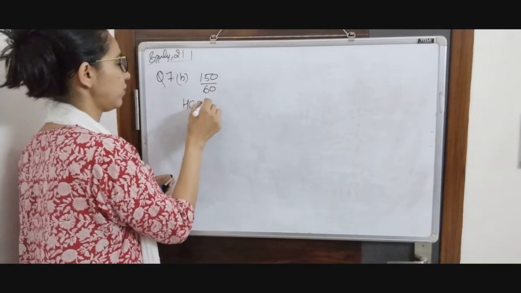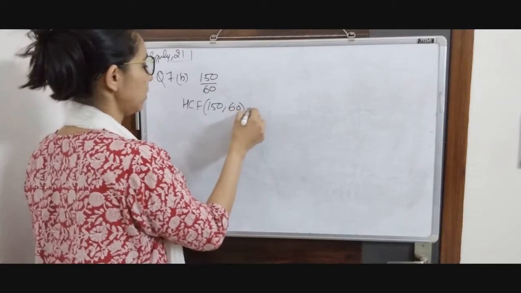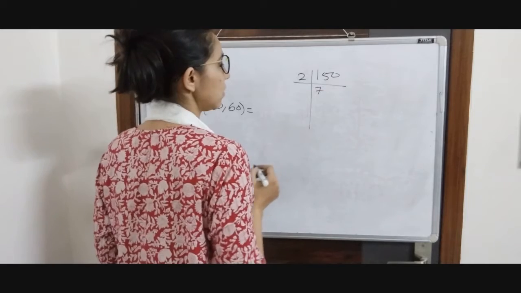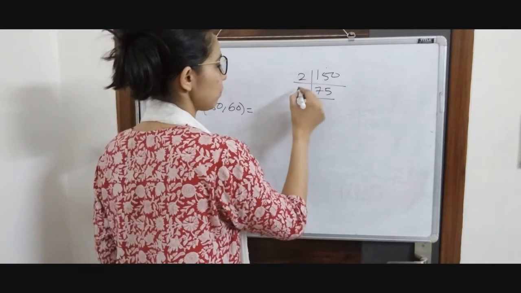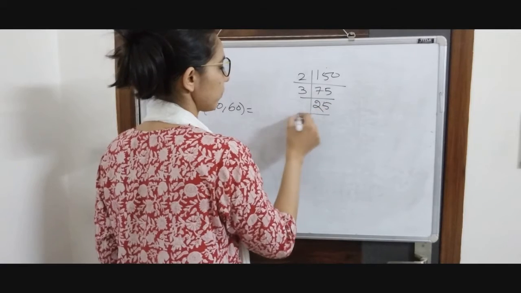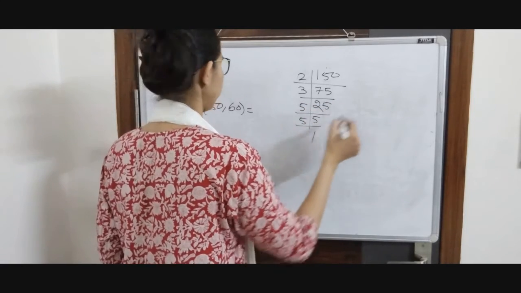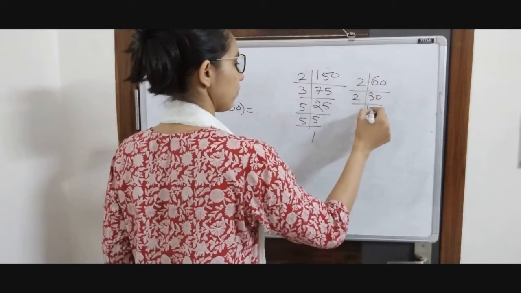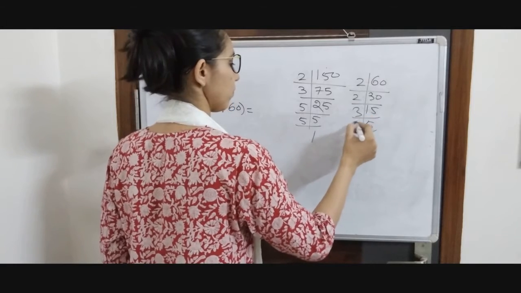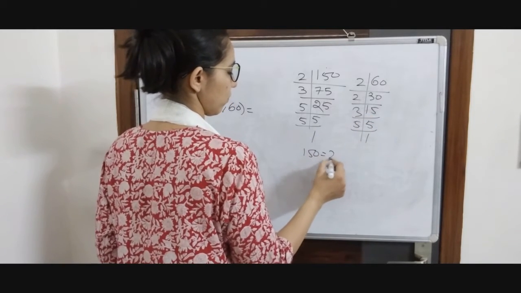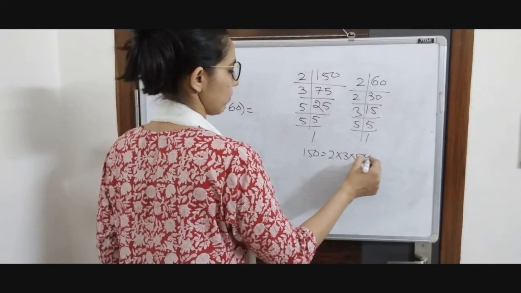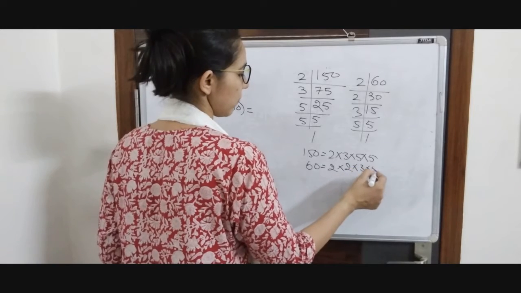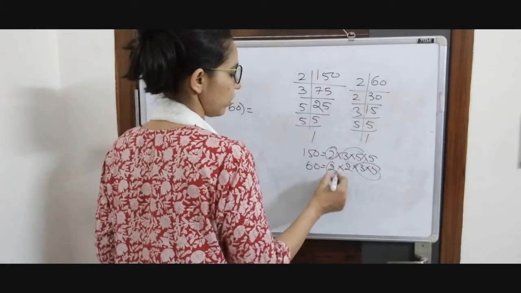So first we will find out HCF of 150 and 60. It will be 2 into 2 into 3 into 5. Okay, so 3 and 5 are common, and 2 is common.